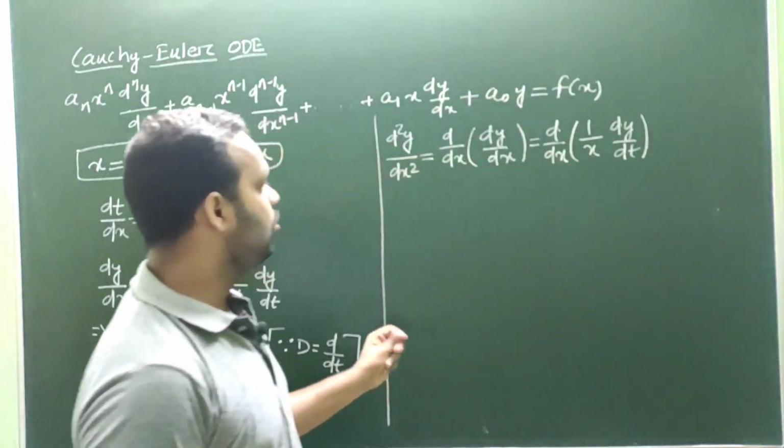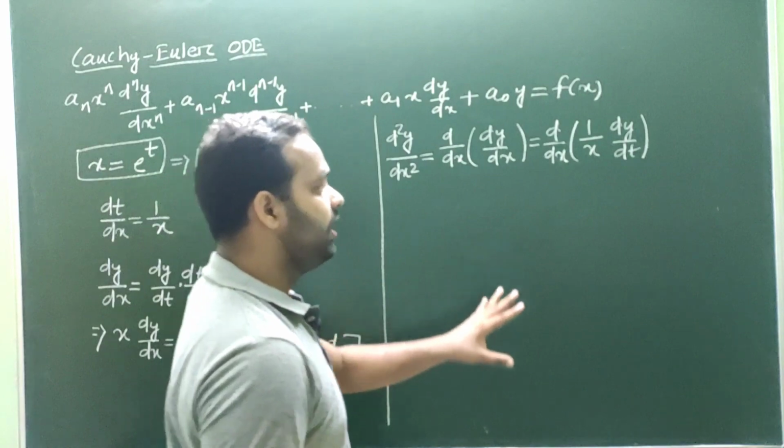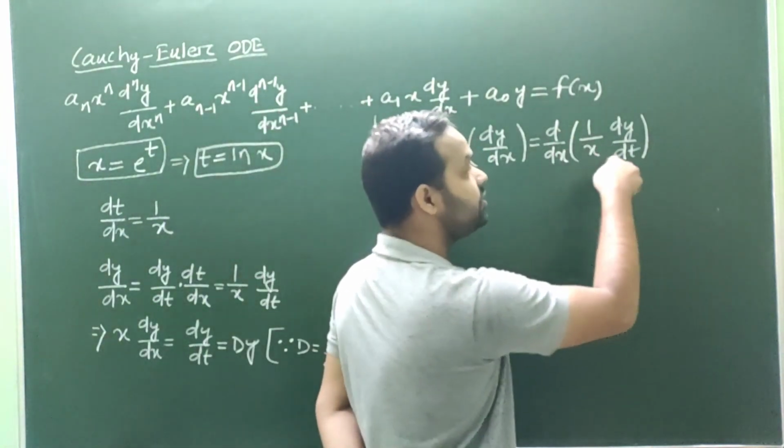So this is x here. Just see where I am making mistakes, because this is very important mathematics. So here you can use differentiation, that is the product rule.